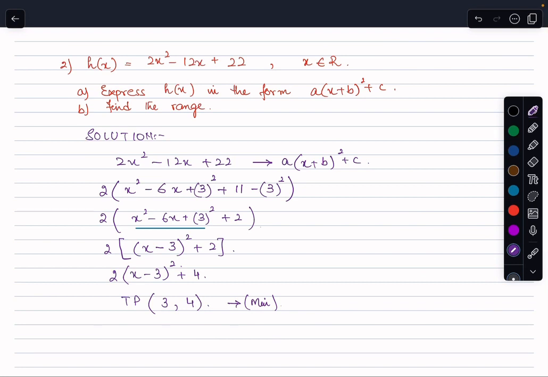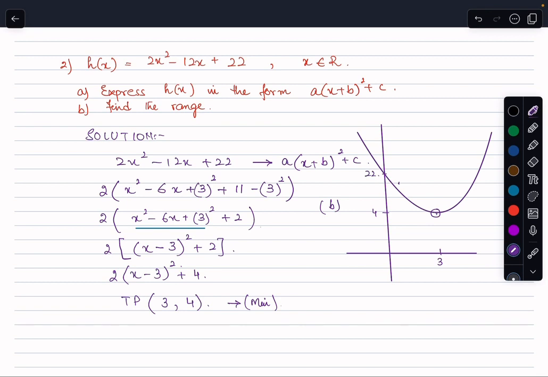So again, if I sketch this, I'm doing part B here. So if I sketch this on my x and the y axes, what I know here is that my x coordinate as a 3 would give me the y coordinate as a 4.